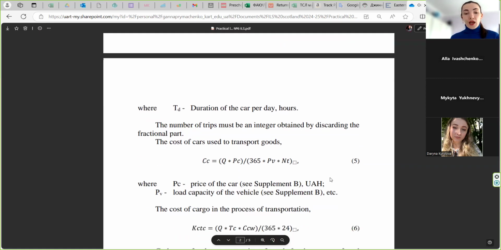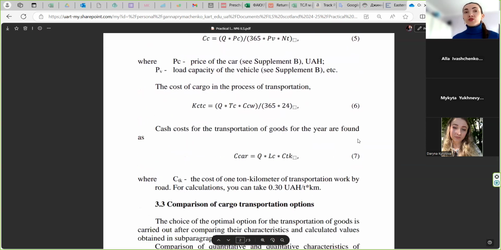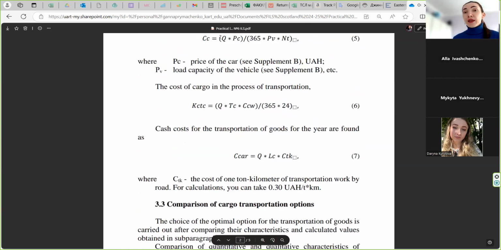Okay. And our next formula is formula number 6. We need to find the cost of cargo in the process of transportation. So please write formula number 6, and parameter K with index CTC is equal to, open parenthesis, Q, and also use the same parameter from our formula number 5. We also need to use this parameter in tons.